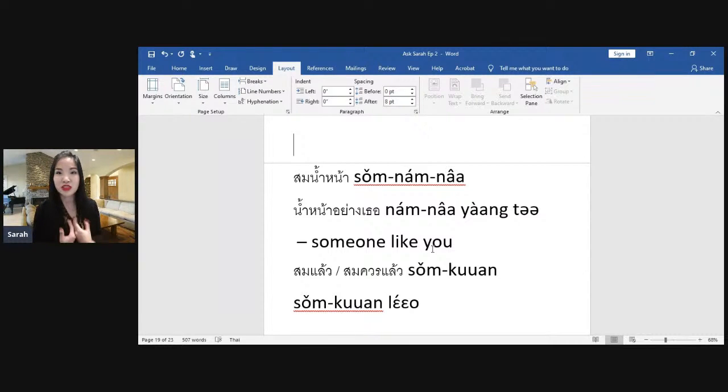I usually say it behind a person's back. I don't really say it right in front of their face.